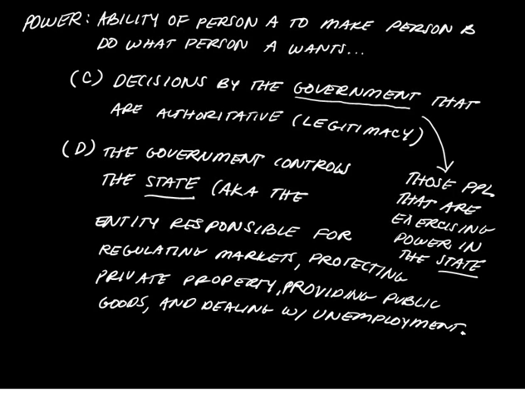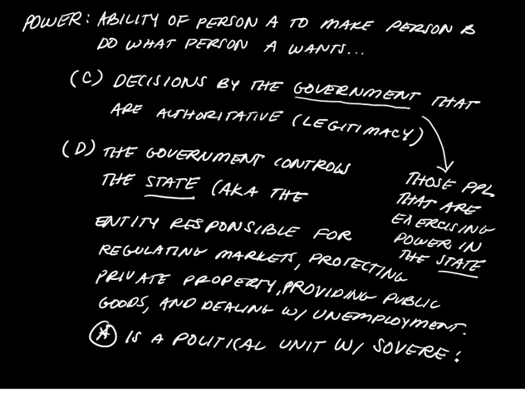The most important aspect of what makes a state is that it's a political unit with this concept that we call sovereignty. So states are political entities with sovereignty. And sovereignty, again, is a very important key term.